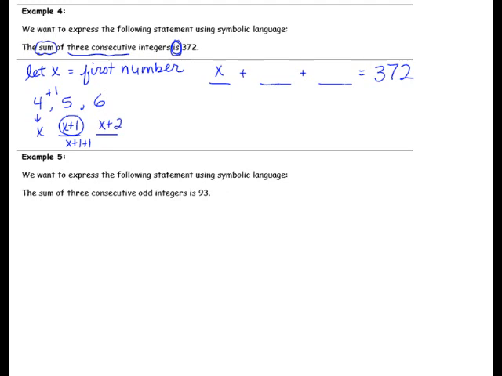Does that make sense that if x is your first number, the third number would be 2 more than the first? So our first number is x. Our second number is 1 more than that, and our third number is 2 more than that. So there's our equation. The sum of 3 consecutive integers is 372.